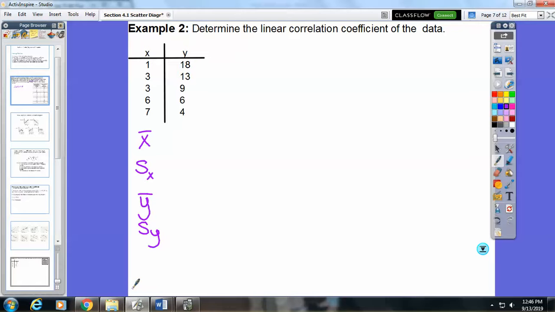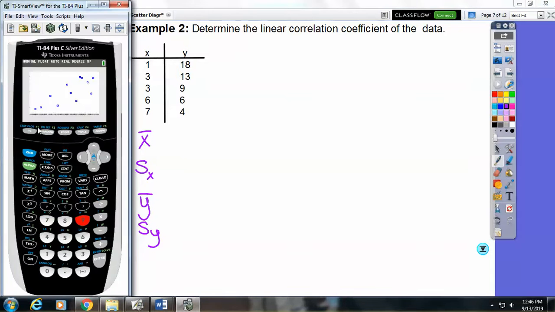So go to your calculator, go to your stat, edit, and we are just going to go ahead and enter both of these. So clear out everything that's there. So I'm going to put my X's in my L1.